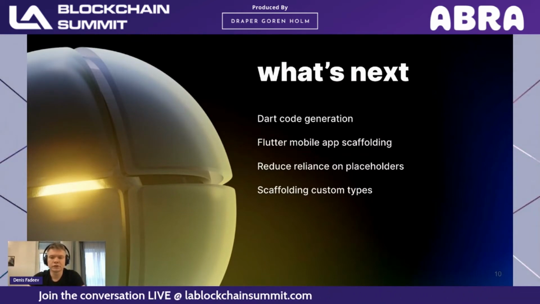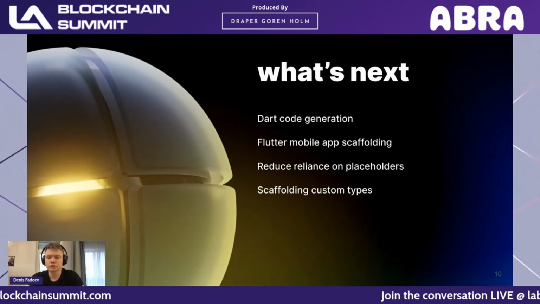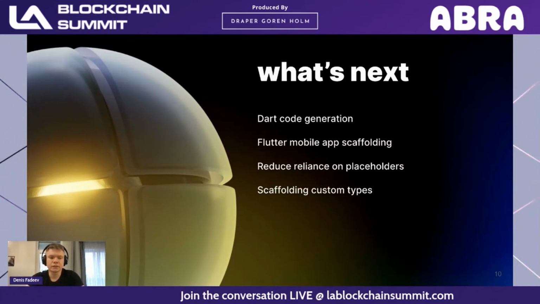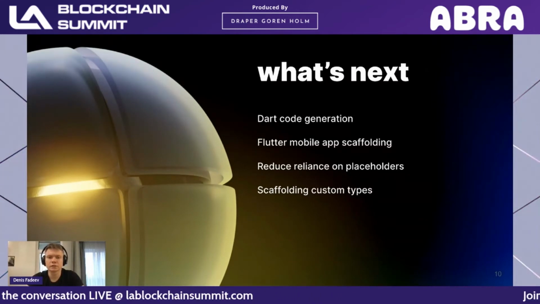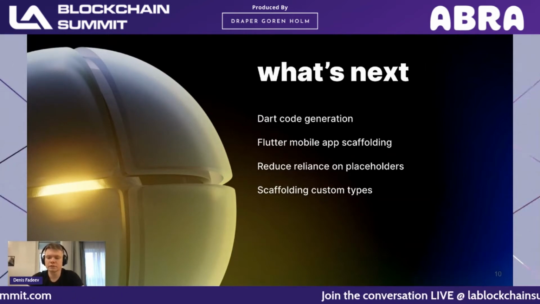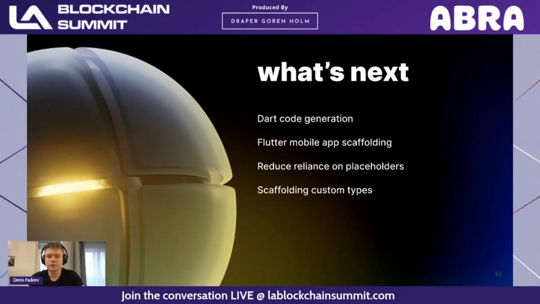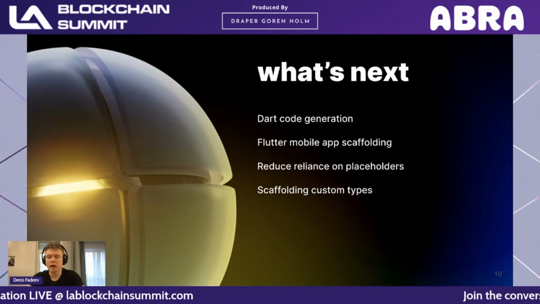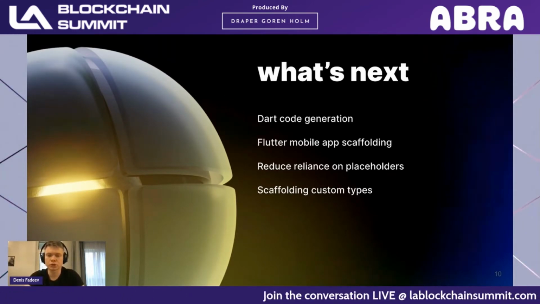Be it a wallet, a DEX, or a more specific application tailored for a particular blockchain use case. But clients are not limited just to web applications, right? Many clients are implemented as mobile applications. And right now, it is a bit of a challenge for developers to understand how it all fits together. How can you create a new chain with a mobile app that allows users to send transactions to your blockchain?